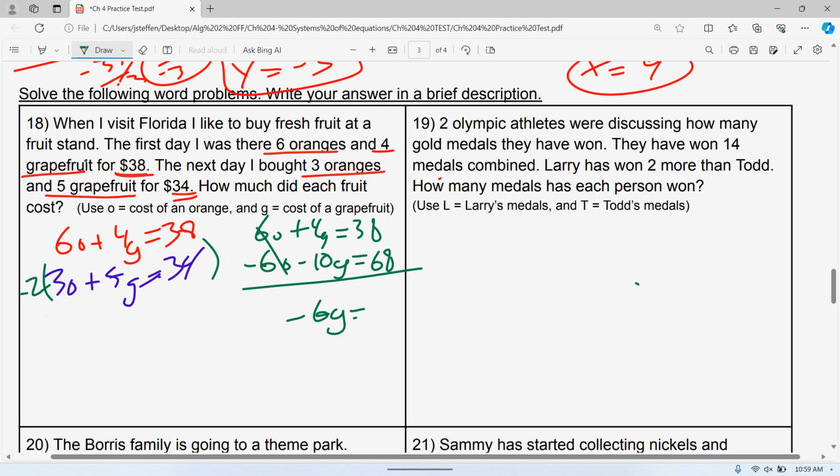G equal to... should be negative 68. 38 minus.